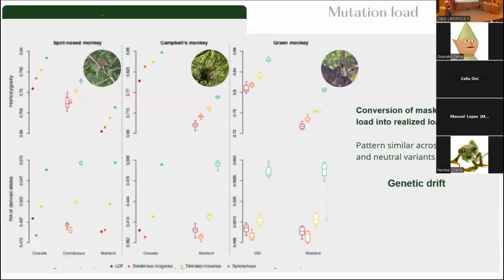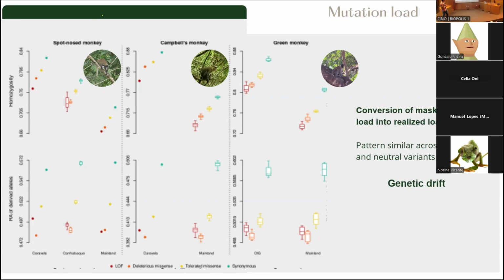For this, we used the VEP annotation pipeline to annotate the derived alleles according to their predicted deleteriousness. I'll zoom in later, but just as an overall look, we can see again, mainland is always on the right side. There is a general pattern of conversion.